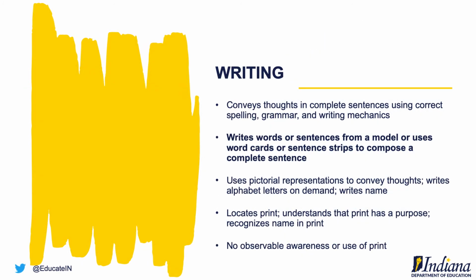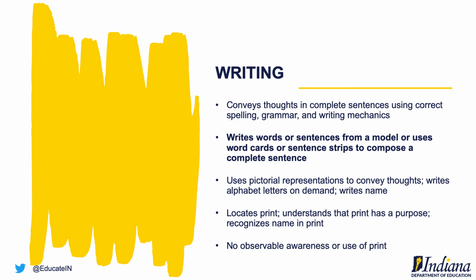The final indicator addresses the student's writing abilities. Over 48% of students who participated in IAM in 2019 were able to write words or sentences from a model or use word cards or sentence strips to compose a complete sentence as indicated in bold. Nearly 15% of students can use pictorial representations to convey thoughts, write alphabet letters, or their own name.